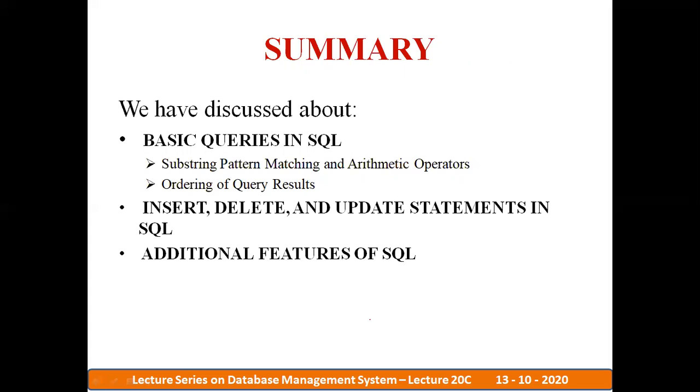You can also perform the arithmetic operators, that is, addition, subtraction, multiplication, and division, only on numeric values, numeric domains. Then SQL also allows us ordering of the query results. You can sort them in ascending order by using the keyword ASC, or in descending order by using the keyword DESC. If you do not specify either ASC or DESC, by default they will be sorted in ascending order.